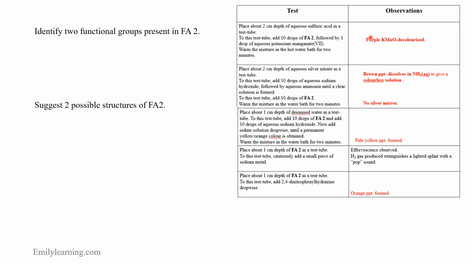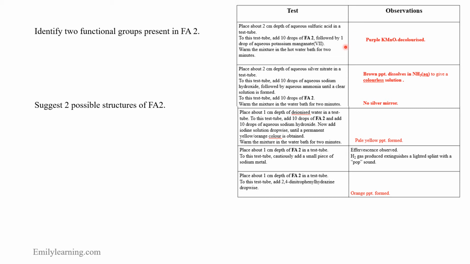So these are the questions. You need to be able to identify 2 functional groups present in Fa2 and then suggest 2 possible structures of Fa2. All right, so I put all the tests and the observations here so that it's easy for us to refer to. So firstly, we need to identify 2 functional groups present in Fa2. For the first part, I know that it can undergo oxidation.